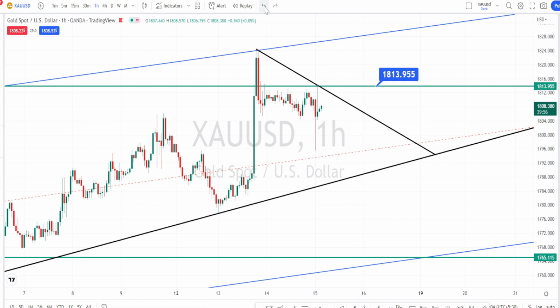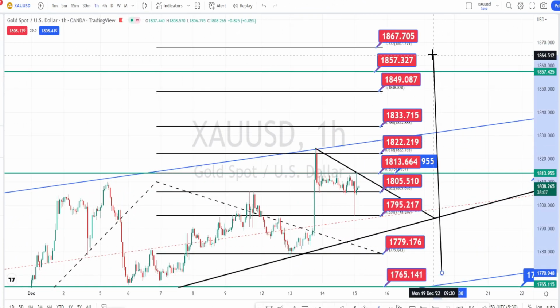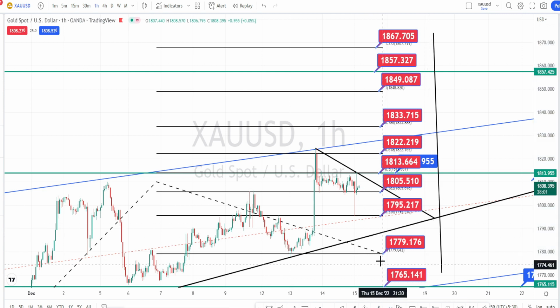Let us mark the support and resistance levels. So the values within this red color boxes are the resistance and support levels for current price action in hourly time frame. Currently the price action is trading between the support level of 1805 and resistance level of 1813.